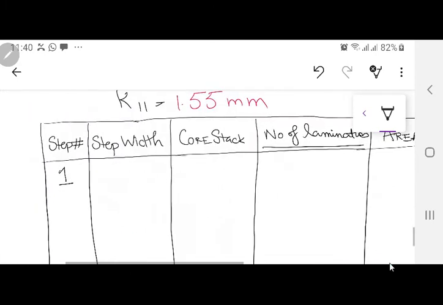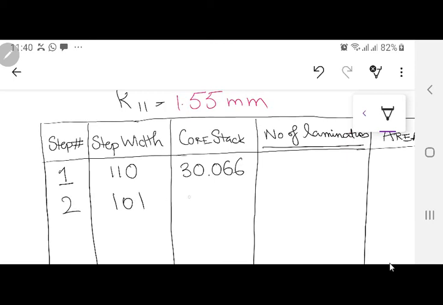Core stack is K1, what is it? 30.066. Second step, what was after 110? 101, sorry.